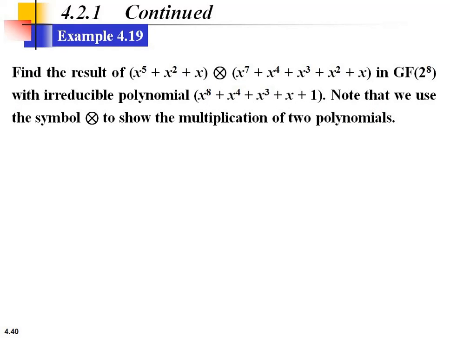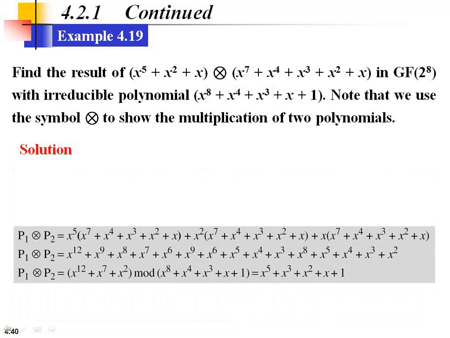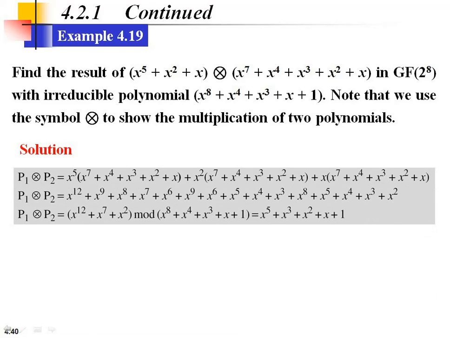So let us try to see the multiplication of these two polynomials. Suppose we have a first polynomial, and this is p1, and this is the polynomial p2, and we are multiplying both of these polynomials in Galois field 2 to the power 8. So again the process will be the same.